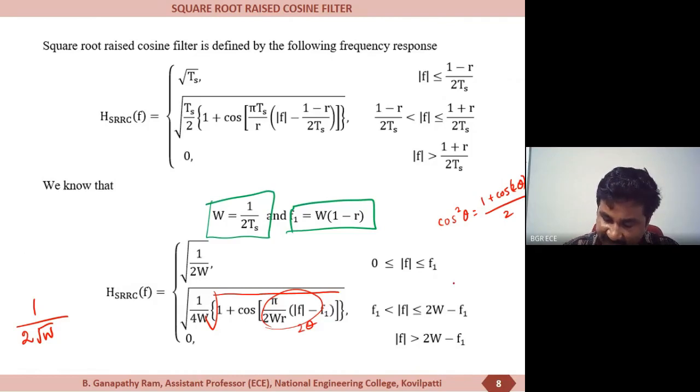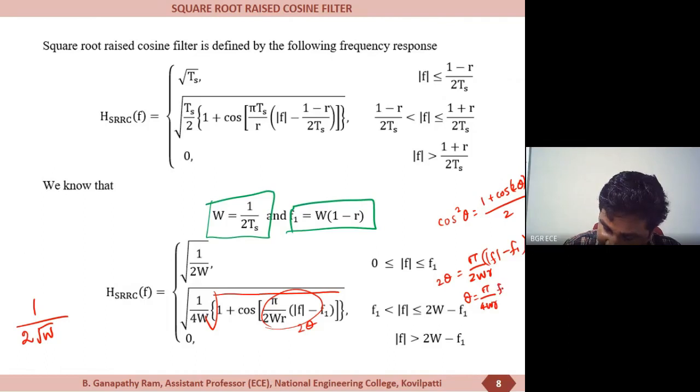So 2 theta is represented by pi divided by 2W into F minus F1. So theta can be represented by pi divided by 4W into F minus F1. So this entire square root can be replaced as square root of 2 into cos square pi by 4W into F minus F1.